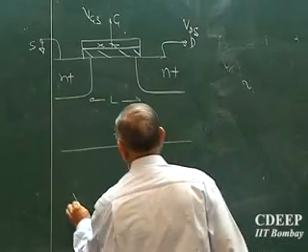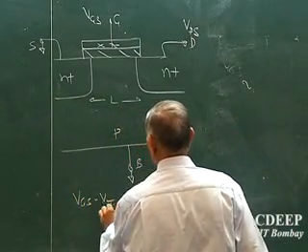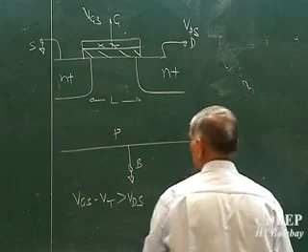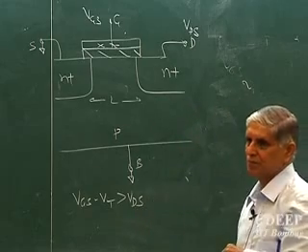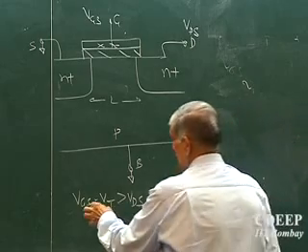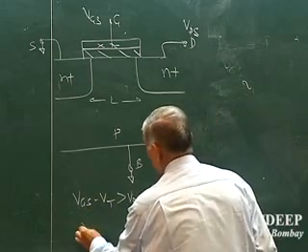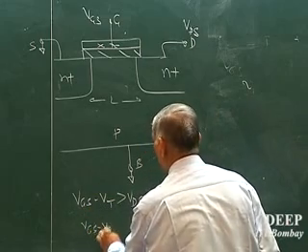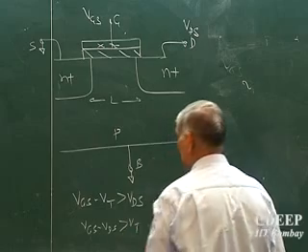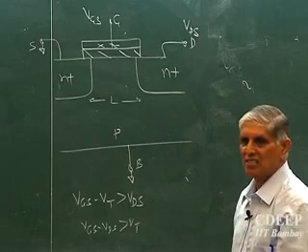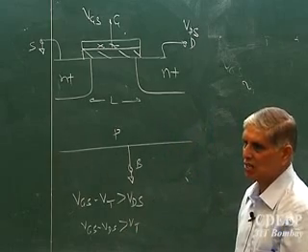If VGS minus VT is greater than VDS, what is the state of a transistor? If VGS minus VT, we are essentially saying VGS minus VDS is greater than VT, so what does that mean? Channel exists throughout, so you are in non-saturation.